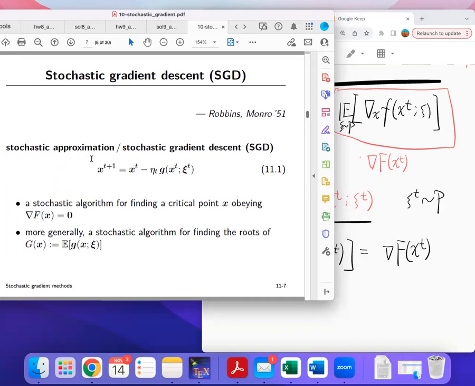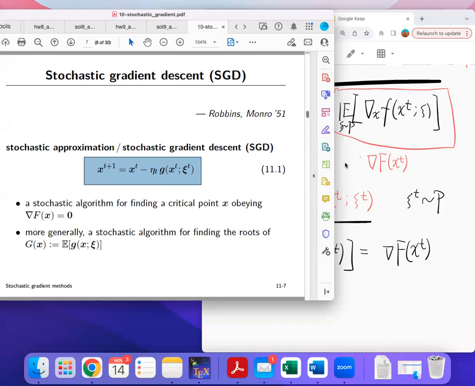And then we have this stochastic gradient descent algorithm, which is basically replacing that unavailable gradient of capital F by this stochastic approximation, g(x_t, ξ_t).